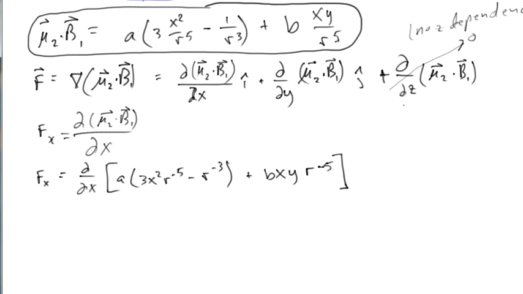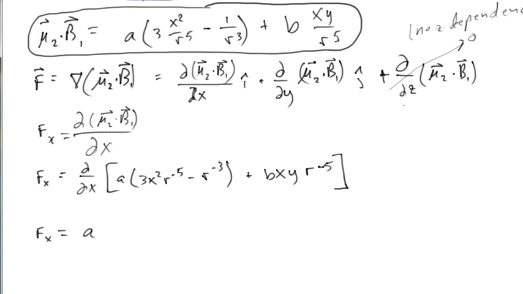And I'm taking the derivative of that whole thing. So f x is equal to a times the derivative of this thing in the parentheses. And this thing in parentheses has two terms.